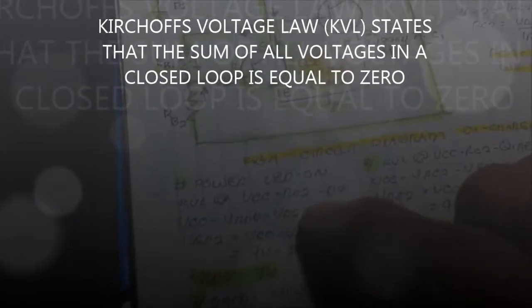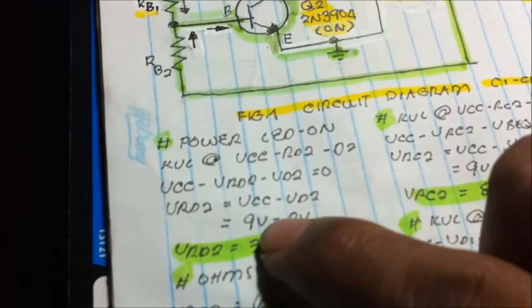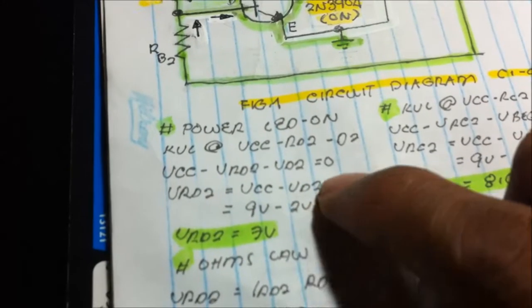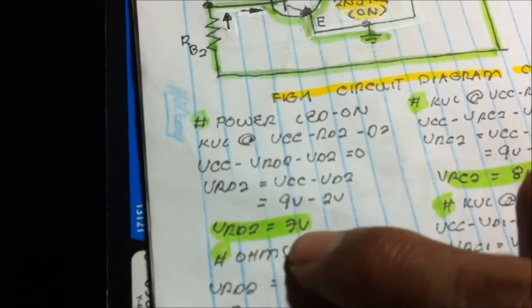So we get the first KVL in this power on LED, VCC minus RD2 minus D2. Since we know the voltage rating of the LED, we get the voltage drop of 7 volts at RD2.